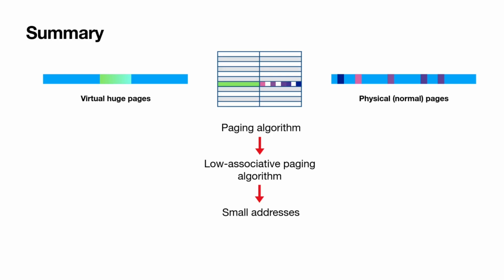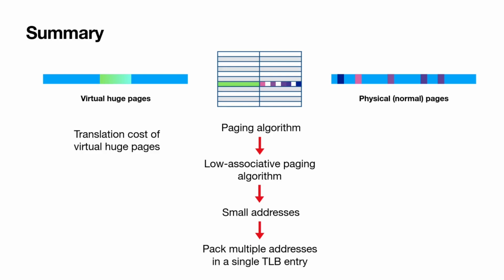This allows us to have small addresses, and therefore we can pack multiple addresses in a single TLB entry. The translation cost that we get is that of virtual huge pages, and the paging cost is essentially the paging cost of the paging algorithm we picked, plus some little-o(1) overhead.